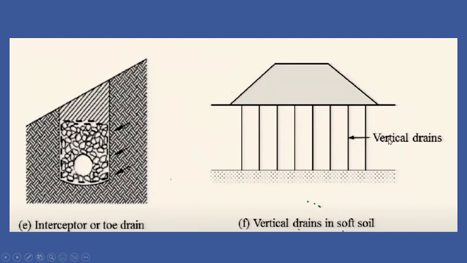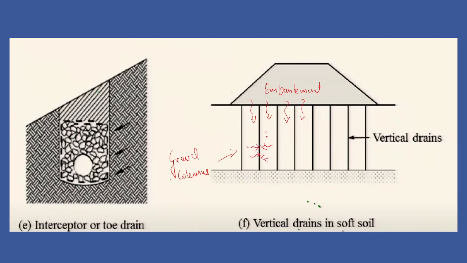And you can also take the help of the vertical drains. These are the gravel columns we can use here. So this is your embankment. Once this embankment is placed onto the soil, the soil will get compressed and the water in the soil will try to access these gravel columns.